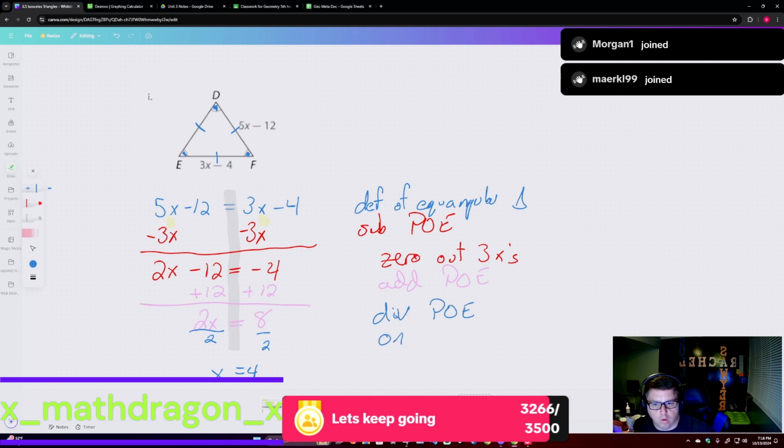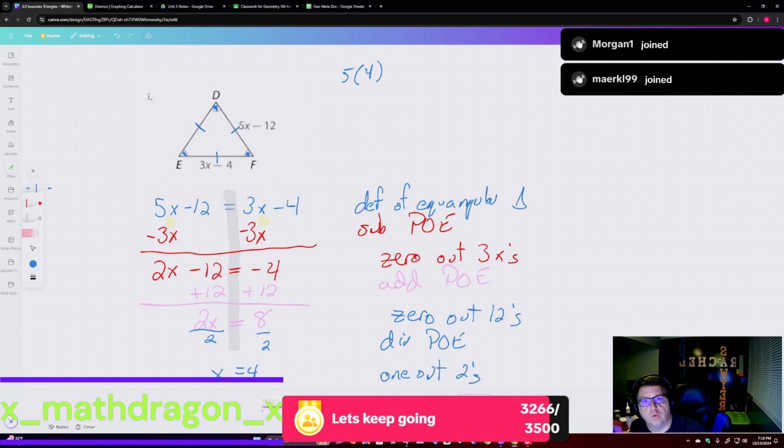We are going to 1 out the 2's. This is division property of equality. This is zeroing out the 12's. Skipped a couple justifications. So x equals 4.